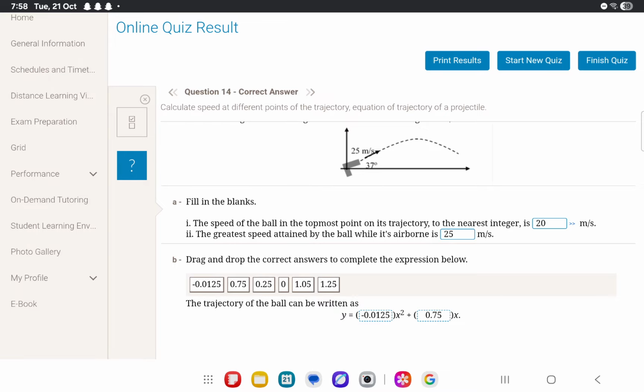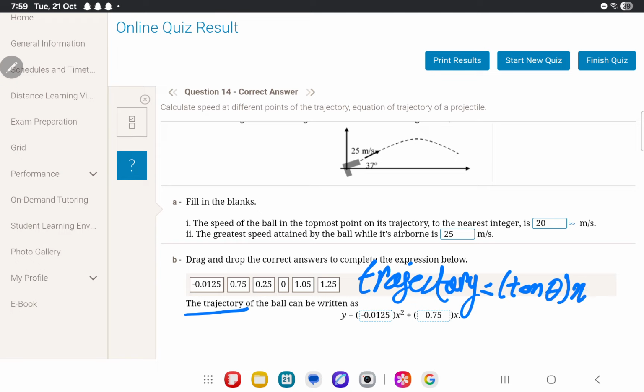Now, trajectory has its own formula and it's very, very annoying. Please memorize it. The trajectory is equal to tan theta x, plus, this is the annoying part, or sorry, minus g over 2 v0 squared cosine squared theta, x squared.